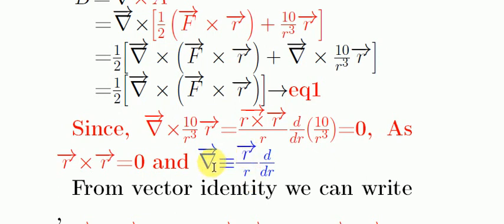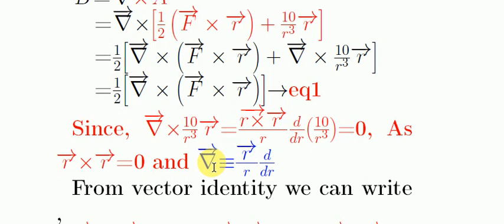We write the del operator as i cap del/del x plus j cap del/del y plus k cap del/del z, as well as it is true that the del operator is equivalent to r vector by r d/dr. These two expressions are equivalent, and from this expression we can derive the equation that the del operator equals i cap del/del x plus j cap del/del y plus k cap del/del z.